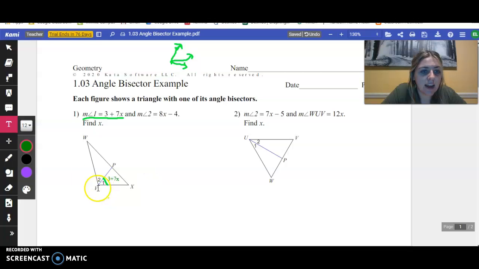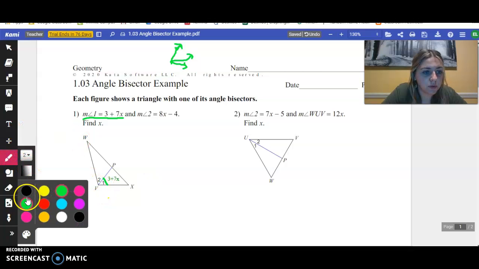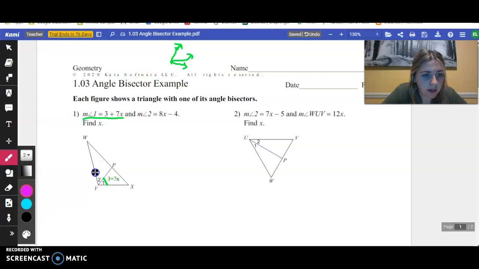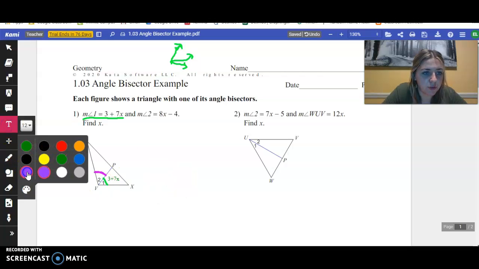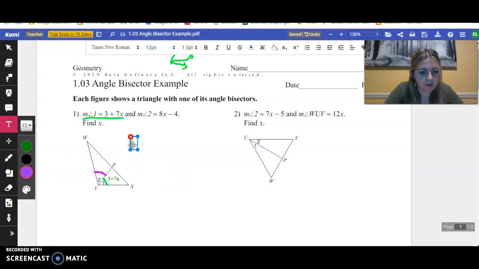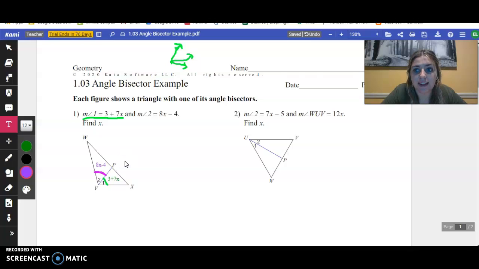Okay, and then I'm told that angle 2, we'll use purple for angle 2, which is this space right here, has a measure of 8x minus 4. So we have 8x minus 4. And now I want to find x.